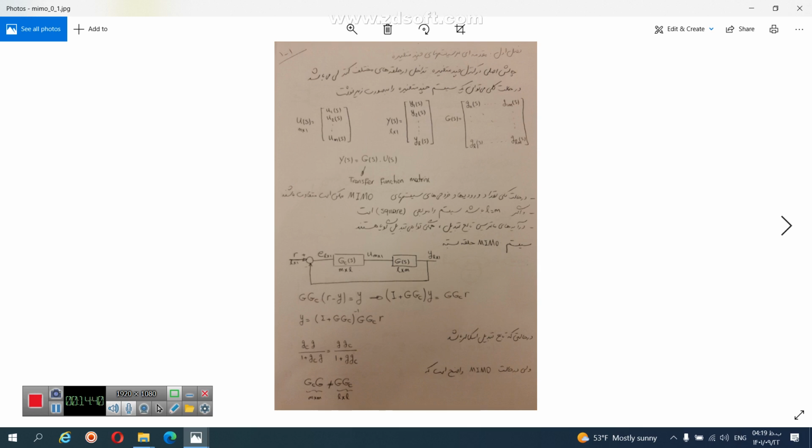Is it possible to write? Yes. It's MIMO. It's different from the above transfer function.